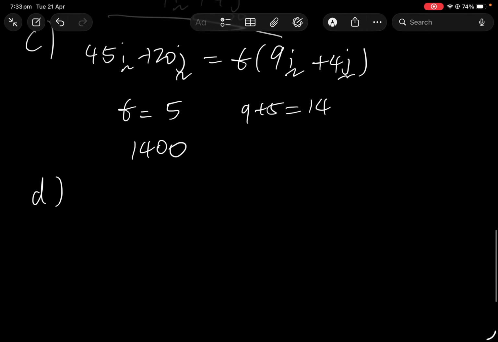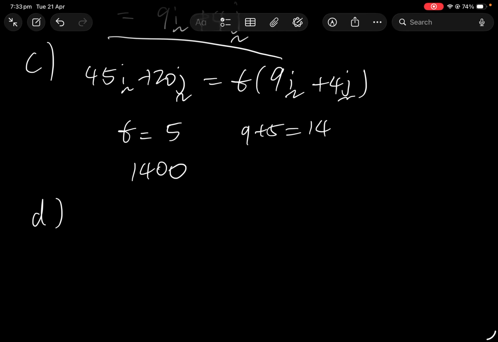Part D says determine the position vector of the point where A will meet B. So now we know when they're going to meet. We want to know where they meet. So we can just use A. A's position vector is this, and its velocity vector, we need a time on it because it changes over time.